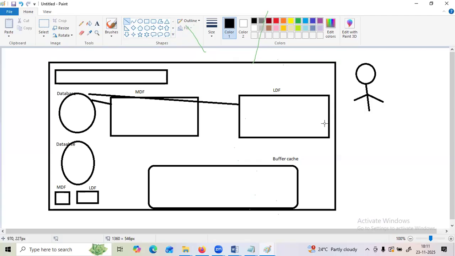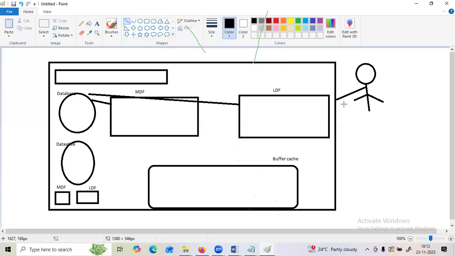This is part of the SQL Server architecture; there is a full architecture, but this is the core component. The user sends the request, the SQL Server takes the request, and using the request it has a table or some other syntax.